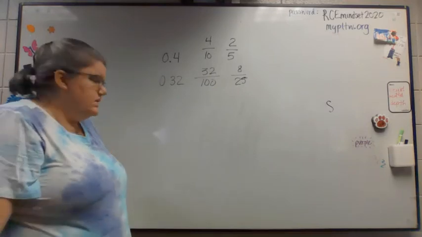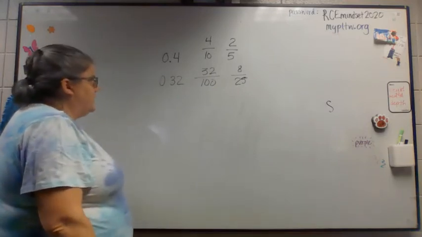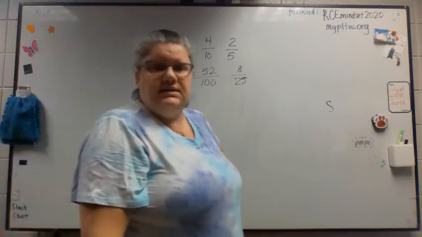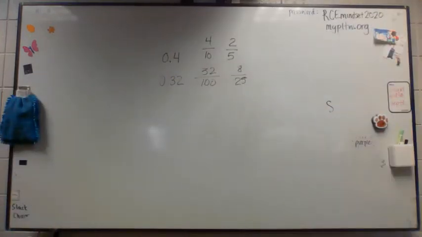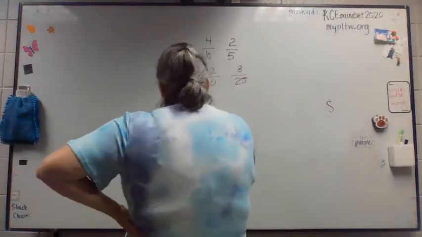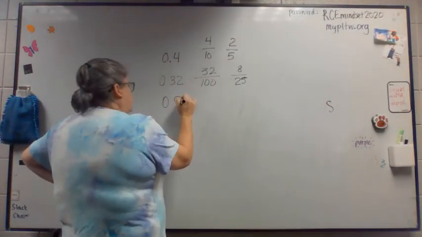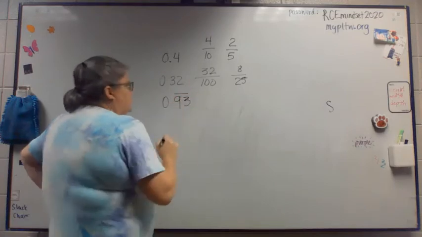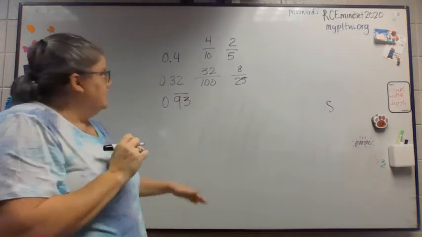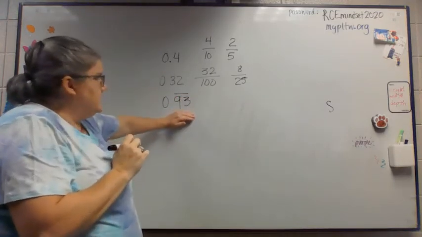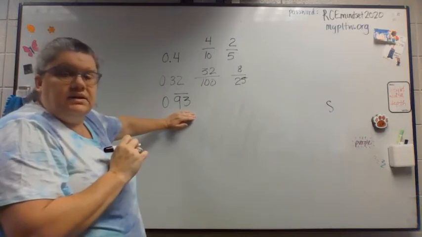There are some questions that are a little bit more complicated in Odysseyware, and we're going to be changing 0.93 with a bar notation. Now, if this didn't have the bar notation, it would simply be 93 hundredths.